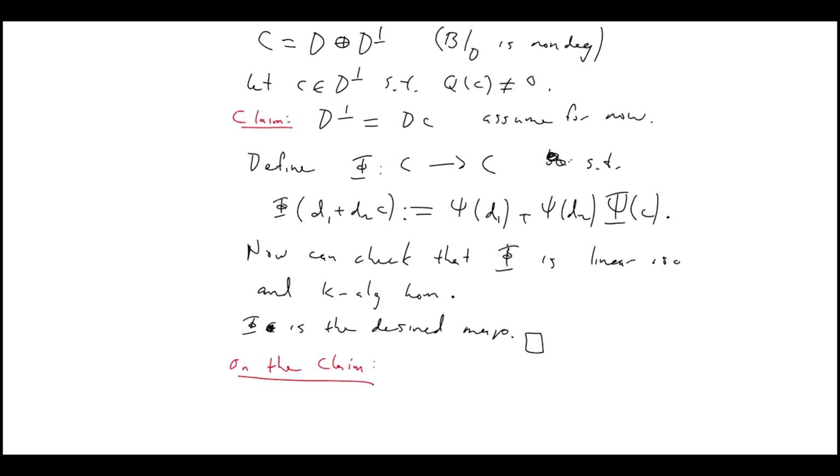I want to make a remark on showing that this is a K-algebra homomorphism. The reason why this is a little bit more tricky is because this is actually going to involve products of three terms, and since you don't have associativity, you got to do something. So let me make one remark on this point right here.